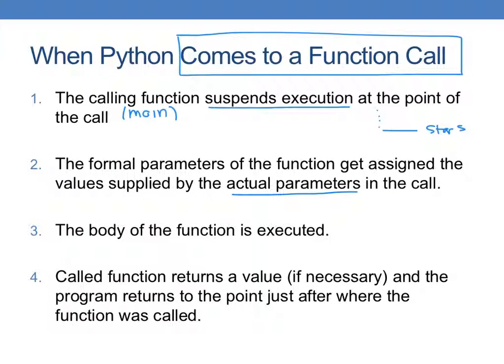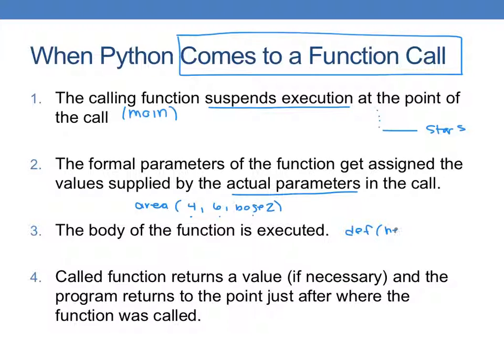So for example, say we called the area function and we sent in a height of 4, we sent in a base 1 of 6, and we sent in a base 2 of a variable entered by a user called base 2. What would happen is we would take these actual values and we would set them equal to the formal parameters listed in the definition.